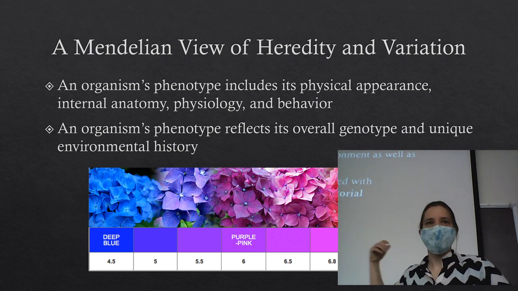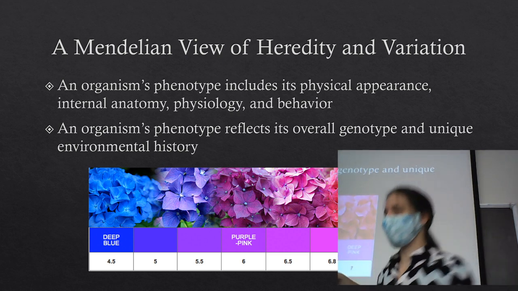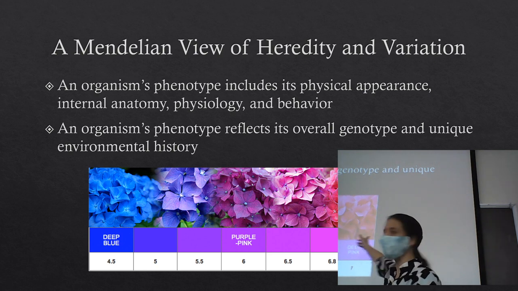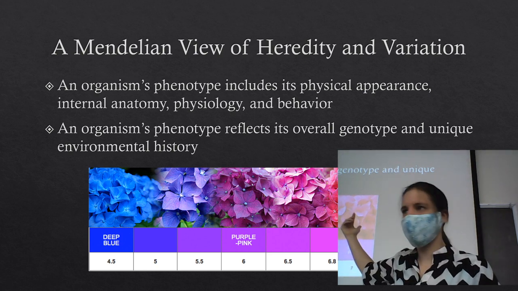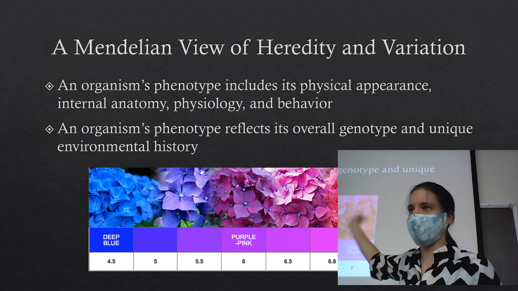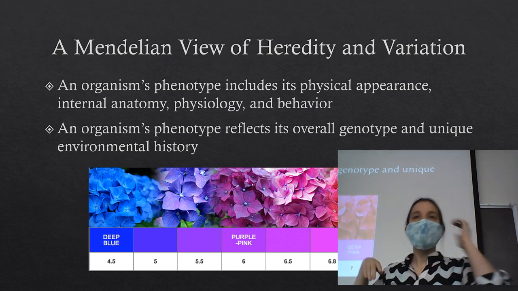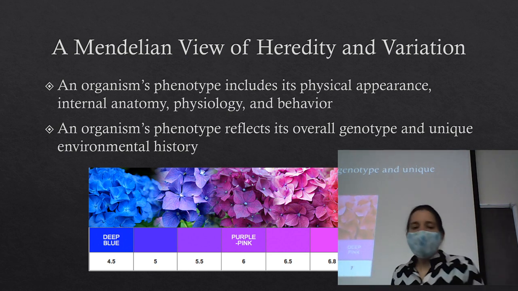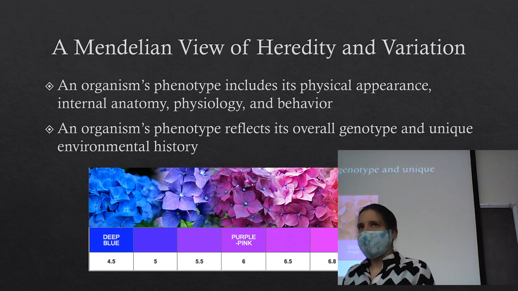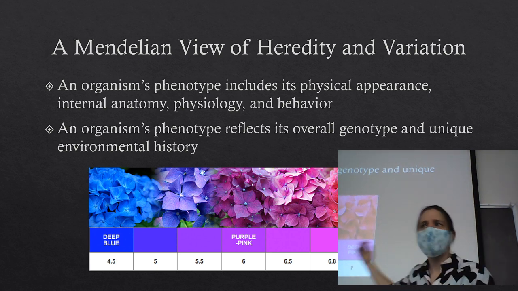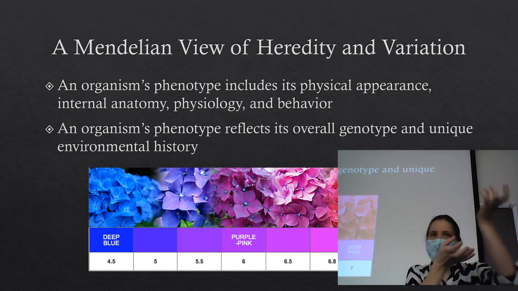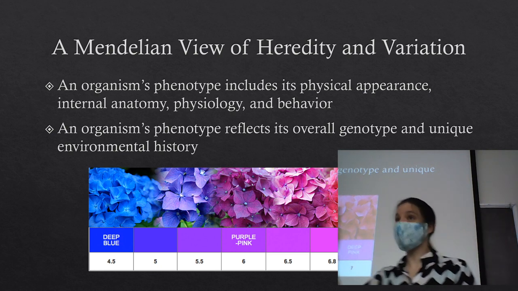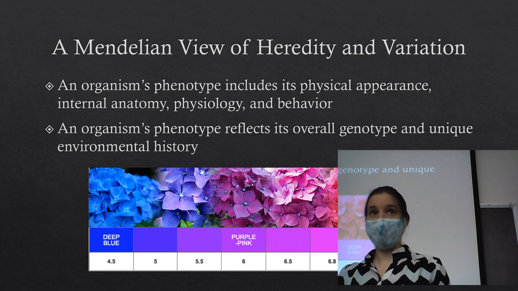There's also the example your book uses, these little hydrangea buddies. When you look at these pictures, you've seen these flowers before? They're pretty. They come in pinks and bluish colors. You might think maybe there are multiple genes playing into what color they are, right? So you've got 3 of these or 3 of those. No, it's one gene for pigment.